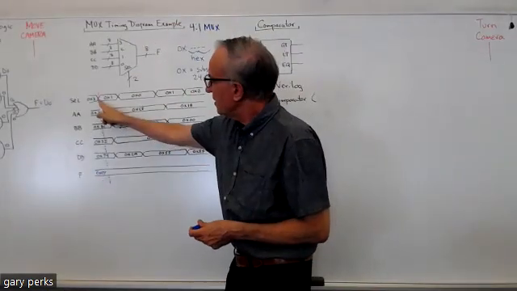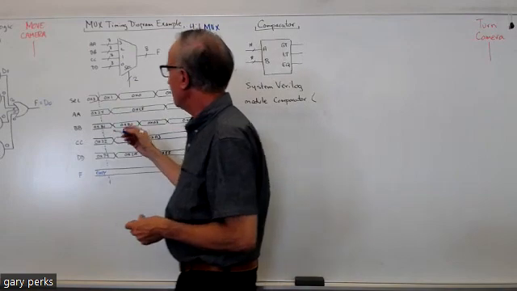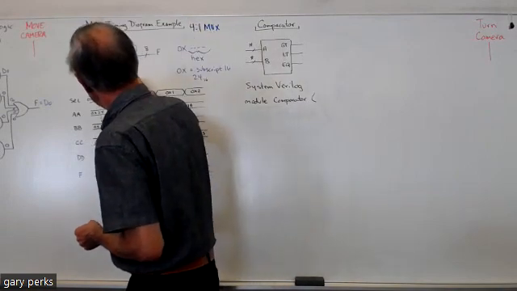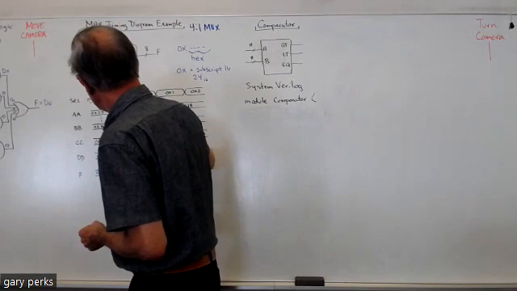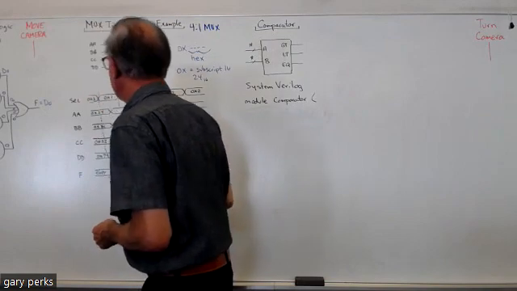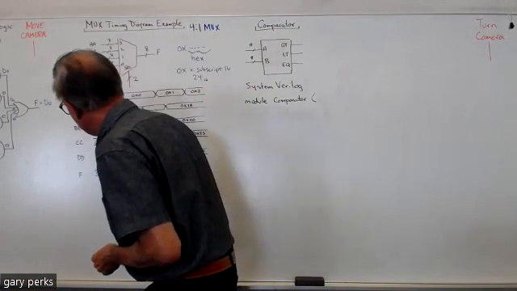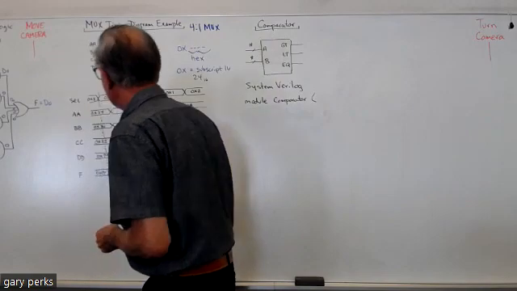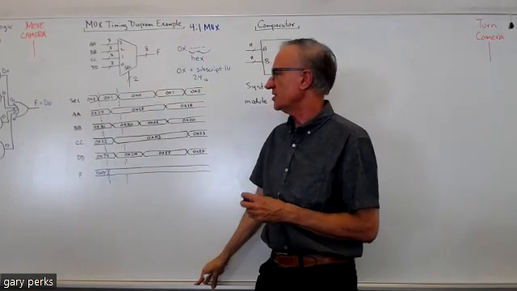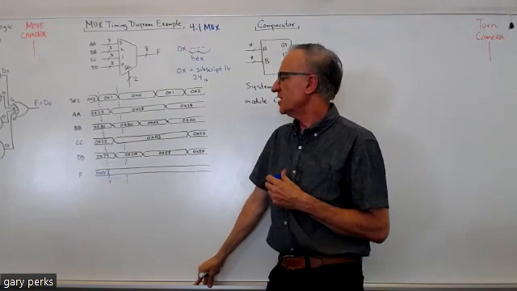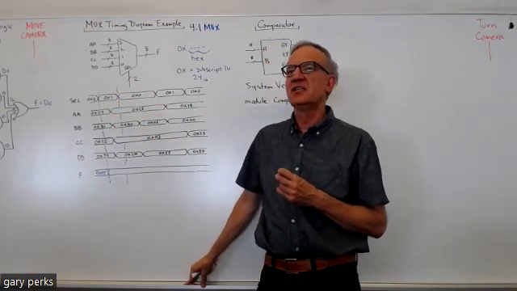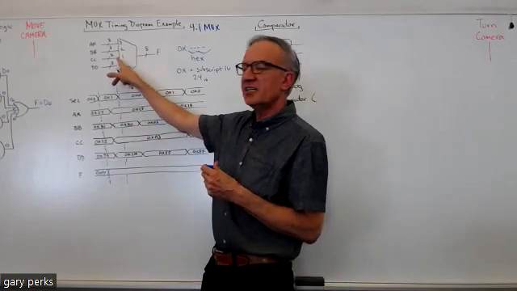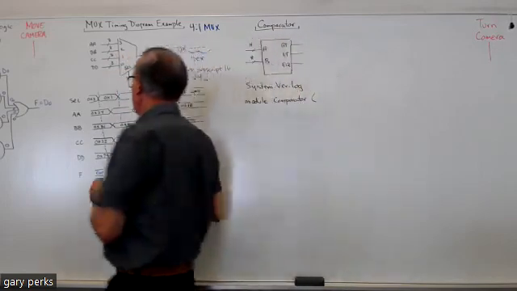Now the select goes from a 3 to a 1. Right here, F is going to change because the select input changed. So what am I going to get at the output now when the select goes to a 1? You're going to get the data CC.